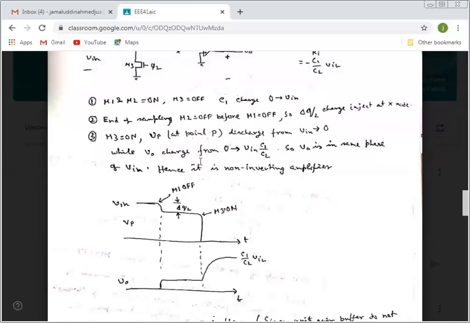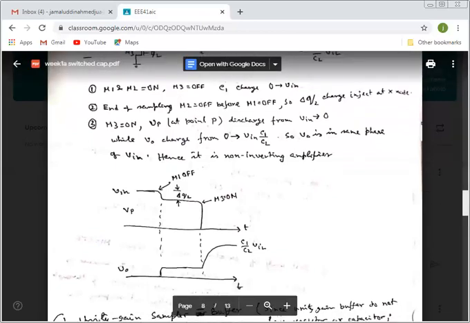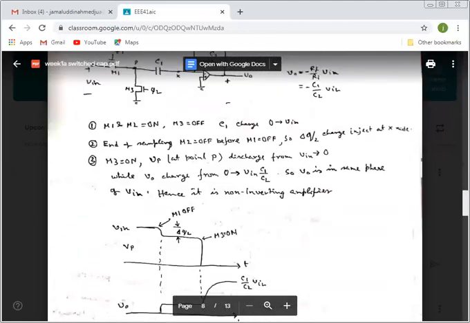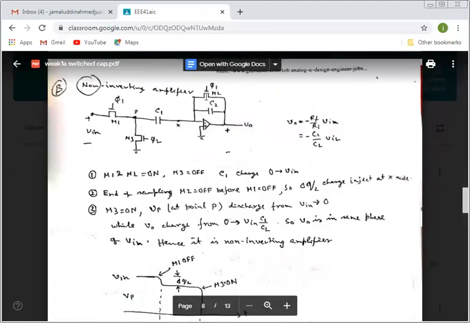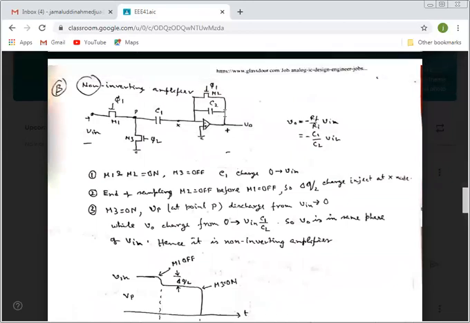After a while, at the end of the sampling, M2 is off before M1. When this transistor gets off, the current flows through this T2, so some charge comes over here.